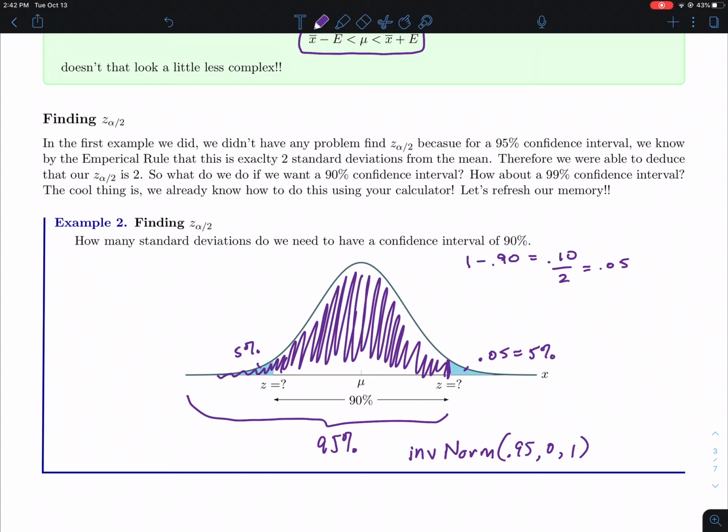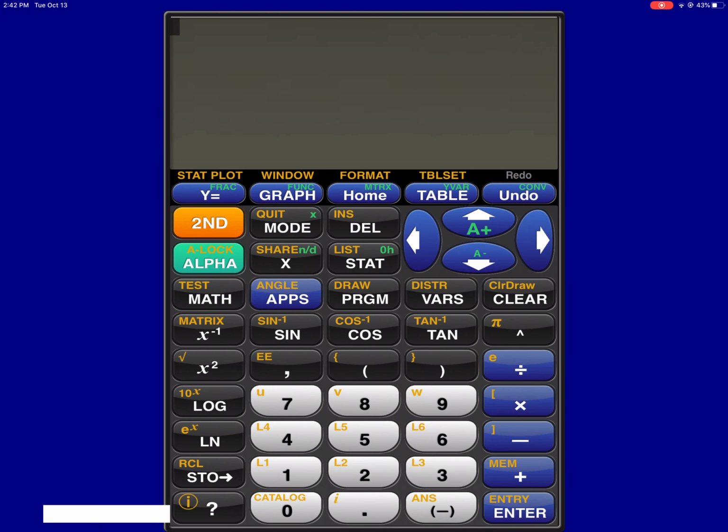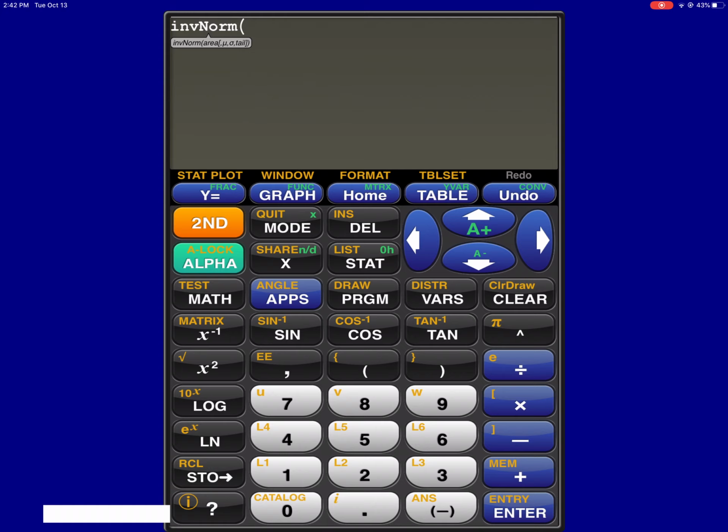So let's throw this in the calculator real quick just to see what we get. Inverse norm is under second vars. I want to do my area first at 0.95. And since this is a standard normal, I want 0 and 1 for my mean and standard deviation. In this case, I get 1.644.